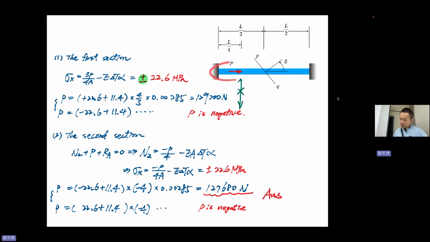The first section is stronger. So now you know the weakness is the second section. So mechanics of materials can help you understand the weakness of a system. I think this is quite a useful technique.